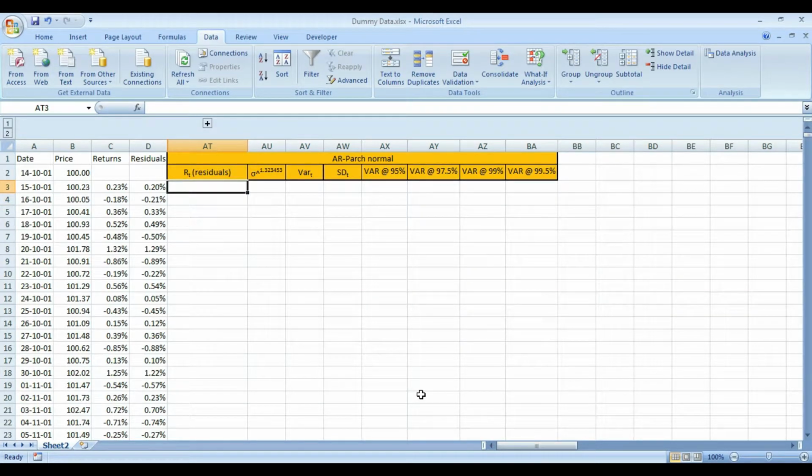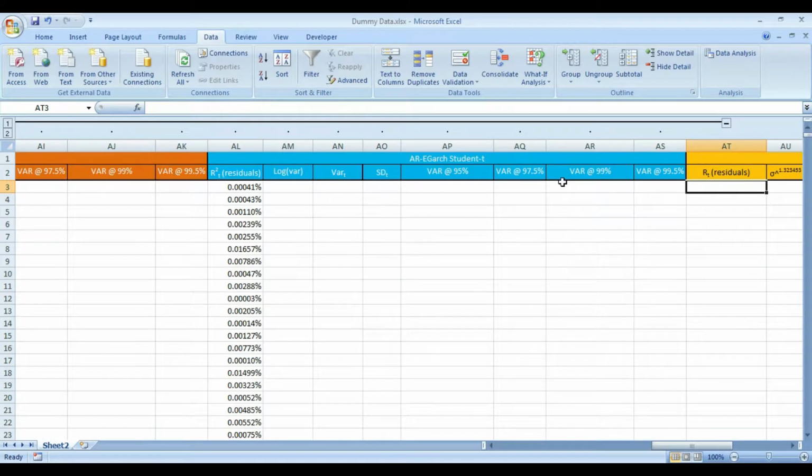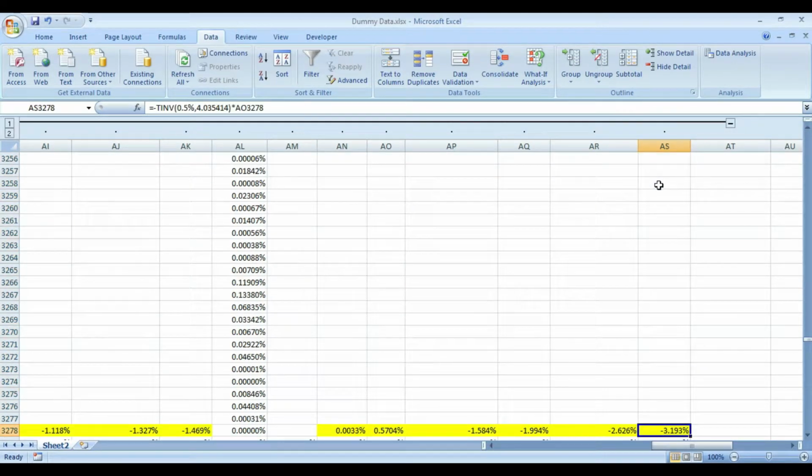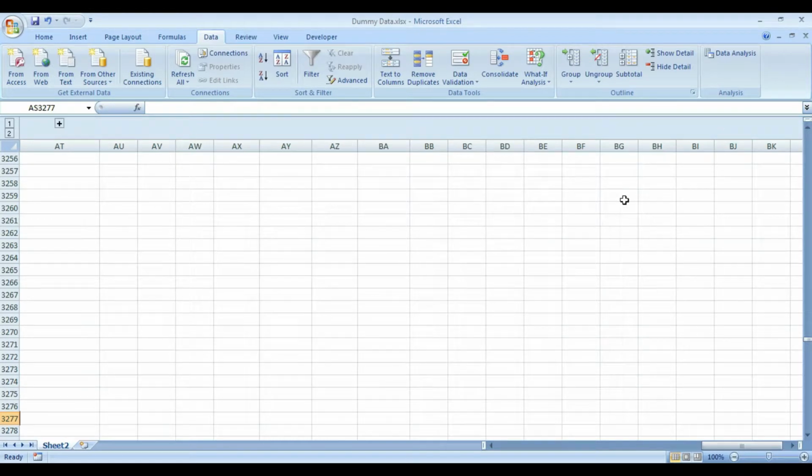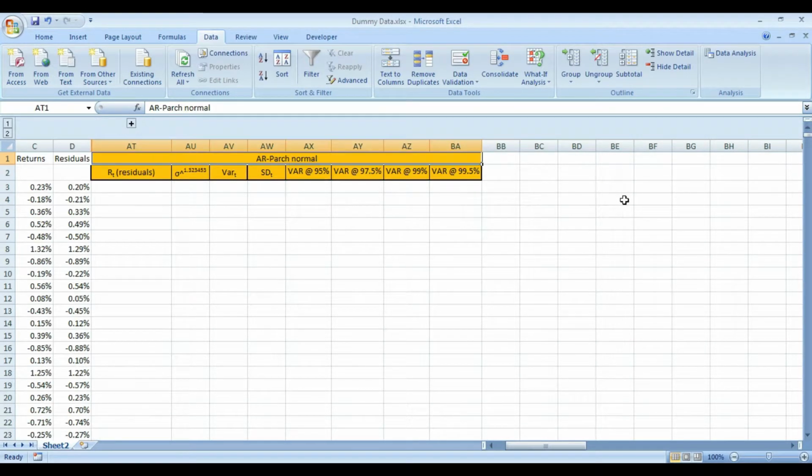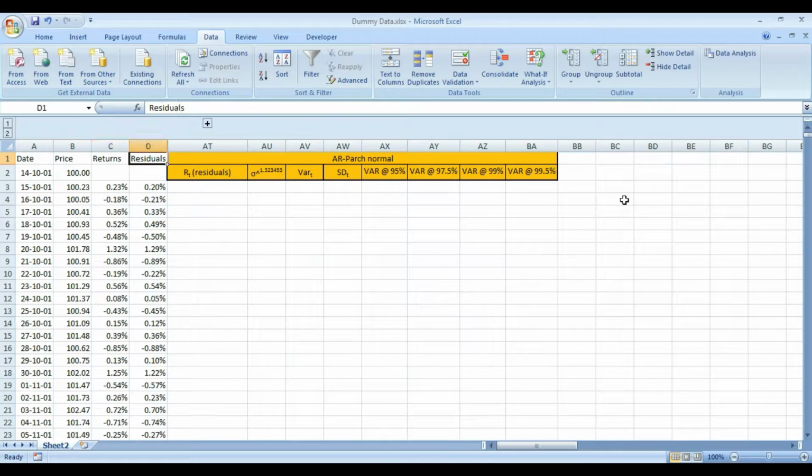But a refined approach would be to estimate our equation on 70% of the data, which is still here till the 3277th point, right? So going forward our modified approach would be to estimate the equation on 70% of the data.